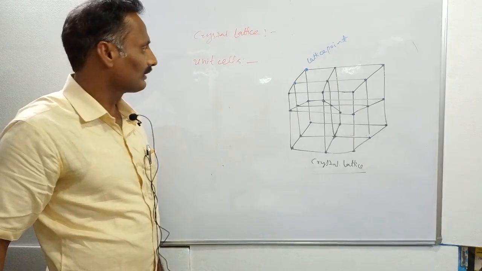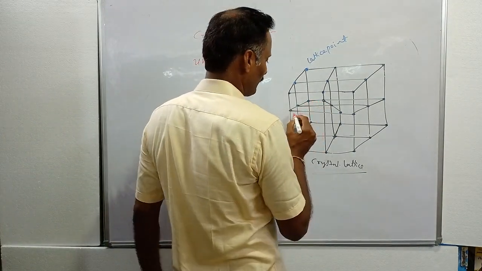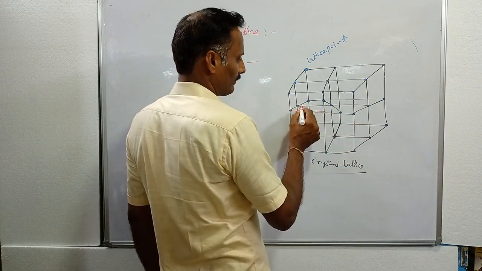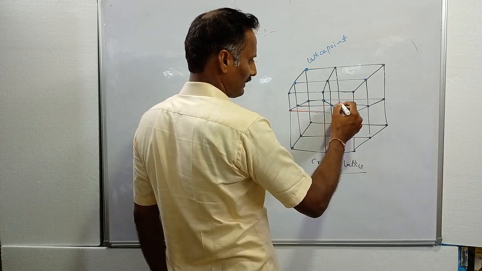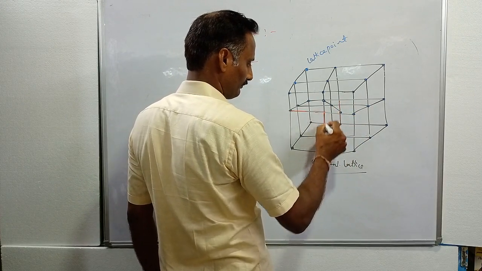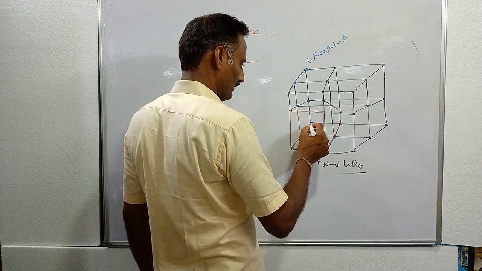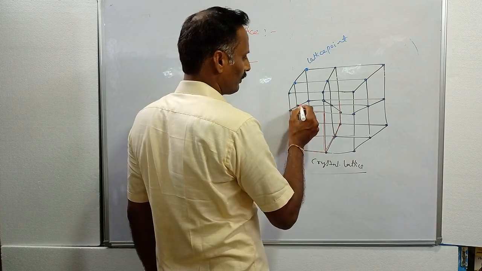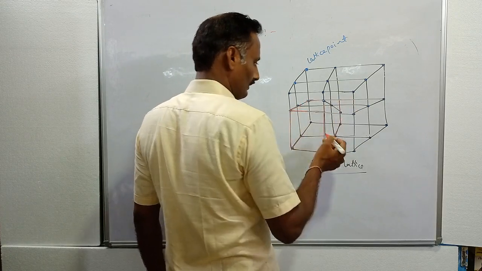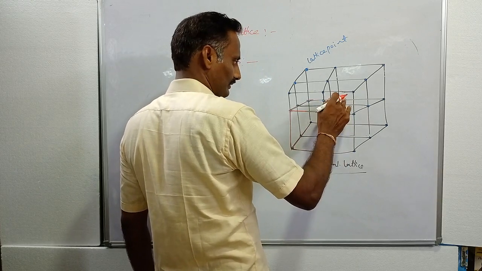The simple portion of this crystal lattice is called a unit cell. This, if you take it, is called a unit cell. This is one of the unit cells. A small repeating unit which is present in a crystal lattice is called a unit cell.